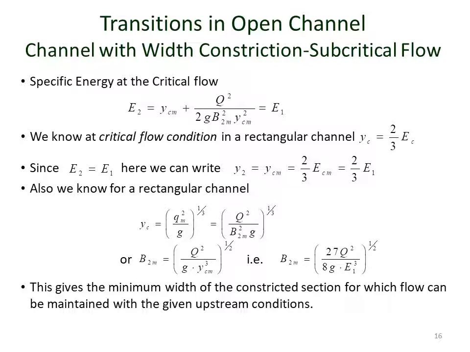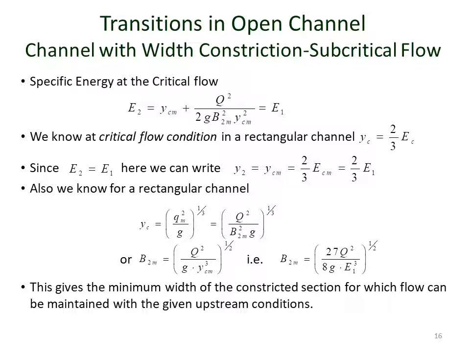So since E2 is equal to E1, here we can write Y2 is equal to 2/3 E1. So that's what we can write for the critical condition. Also, we derived another result for the rectangular channel, that the critical depth is given by YC equals QM square by G raised to the power 1/3.